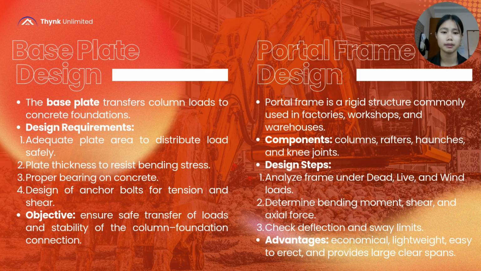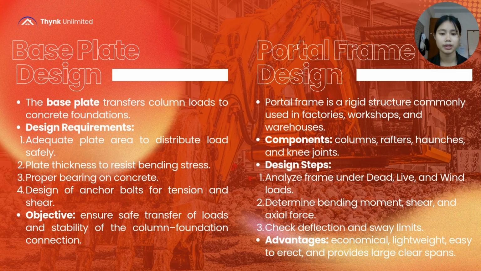And the next design is portal frame. A portal frame is a rigid structure commonly used in factories, workshops, and warehouses. The components of a portal frame are columns, rafters, haunches, and knee joints.